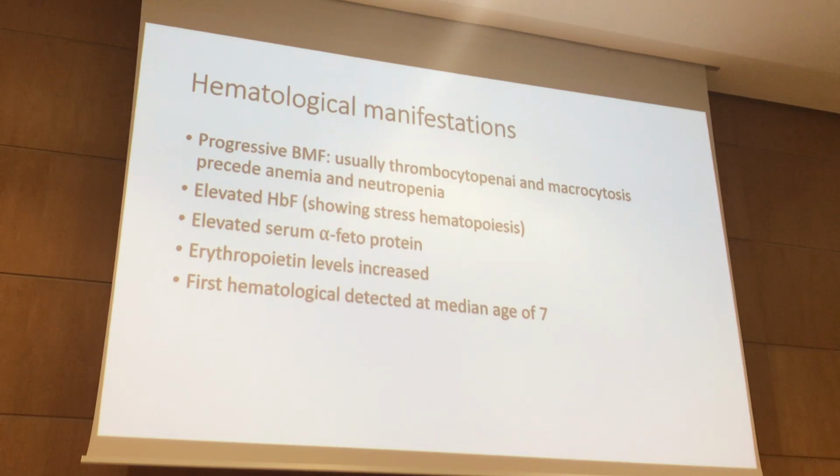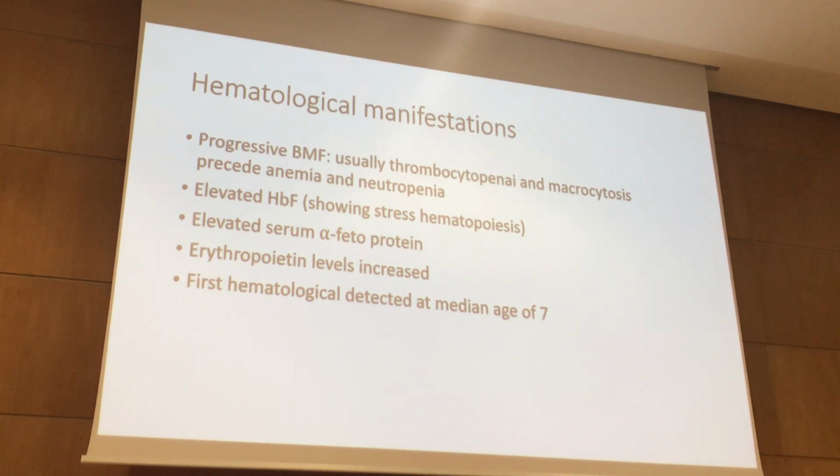Of course, since there is a problem with production of cells in the bone marrow, the bone marrow is not functioning well, but it is stimulated by erythropoietin, so erythropoietin levels you can expect to be increased, but it doesn't help.